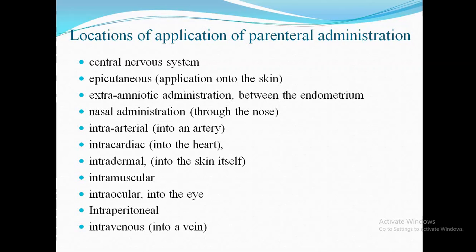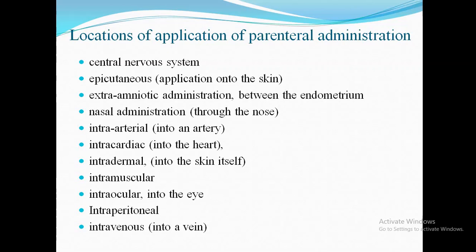Now we can see the locations of application of parenteral administration. What are all the locations in which parenteral administration of a drug can be done? Central nervous system; epicutaneous, that is application onto the skin; extra-amniotic administration, that is between the endometrium in the case of pregnancy; nasal administration, through the nose; intra-arterial, that is administration of drug into arteries; and into the heart, called intracardiac administration; and into the skin itself, called intradermal.